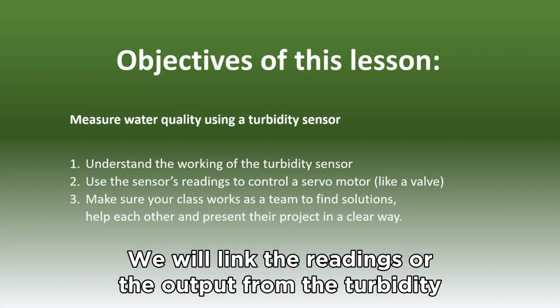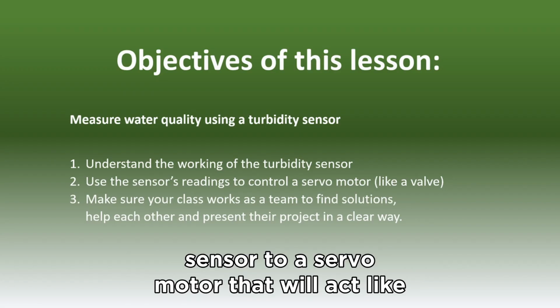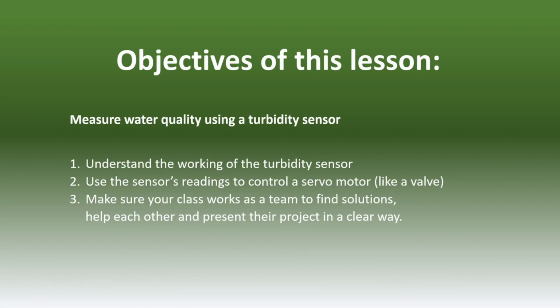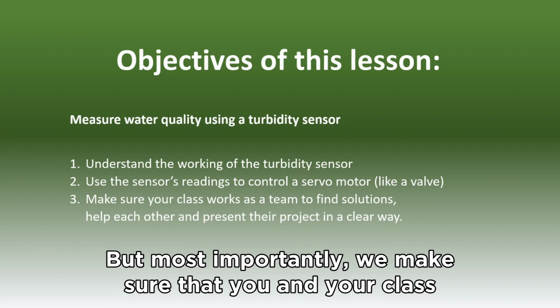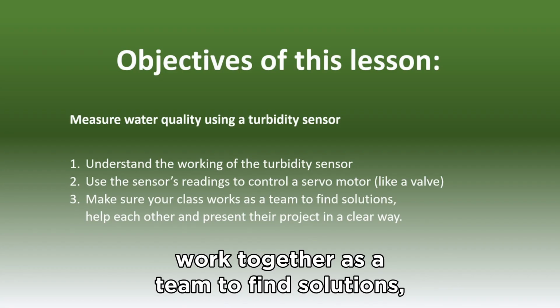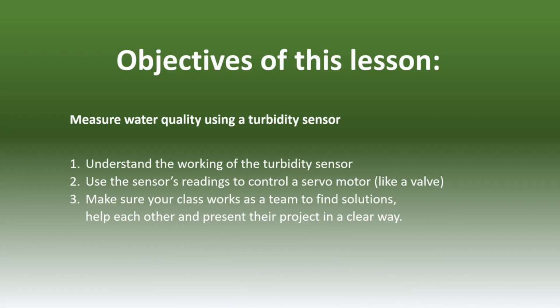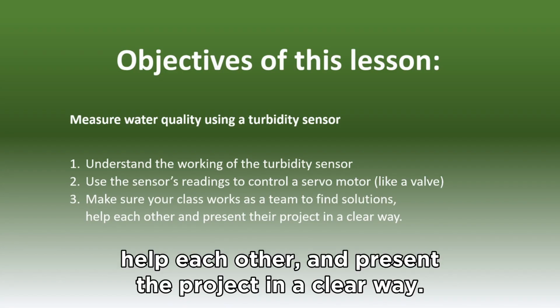We will link the output from the turbidity sensor to a servo motor that will act like a controlling valve. But most importantly, we make sure that you and your class work together as a team to find solutions, help each other, and present the project in a clear way.